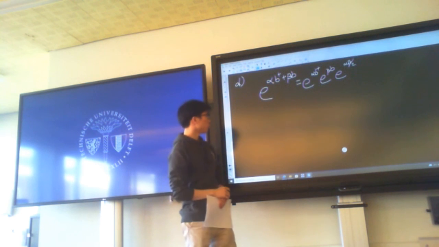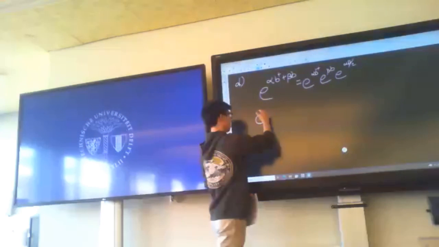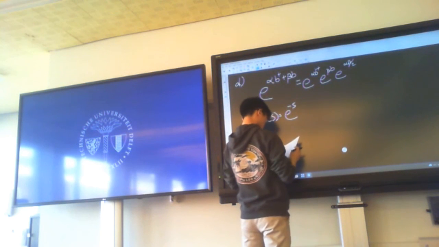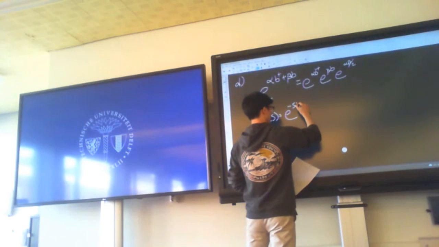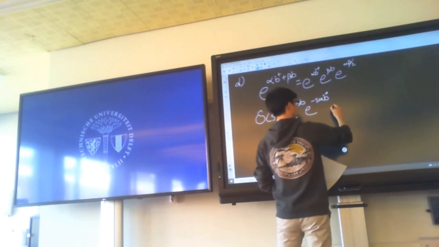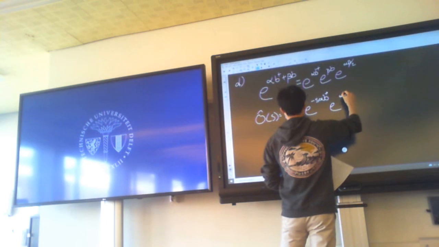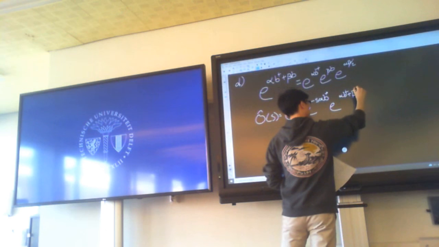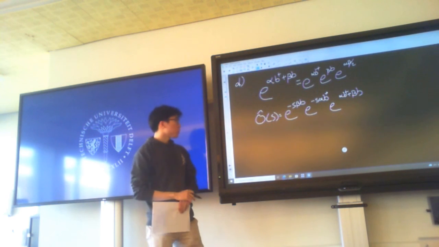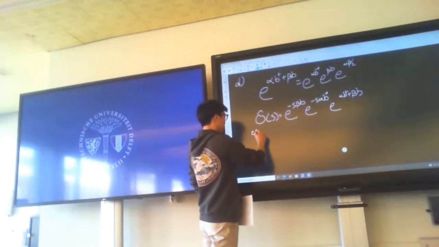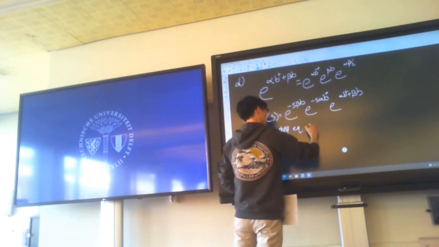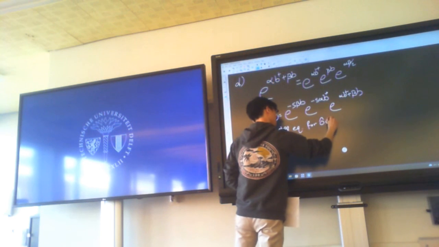They also give this hint where you should consider the operator O(S), with exponents of S. And they ask you to derive a differential equation for O(S).